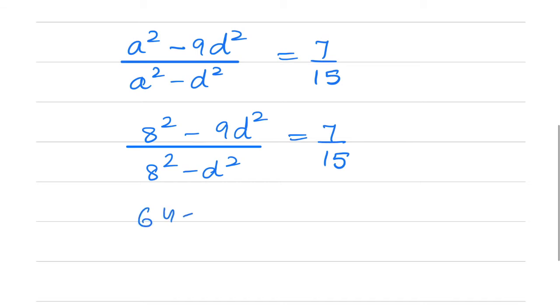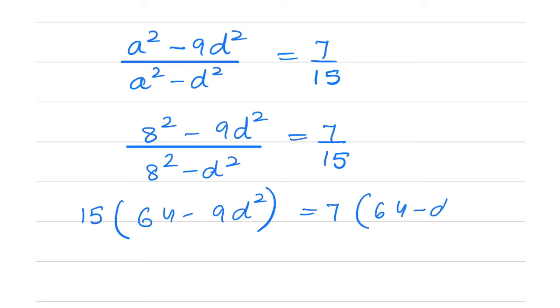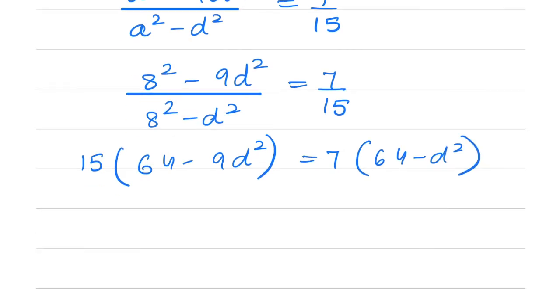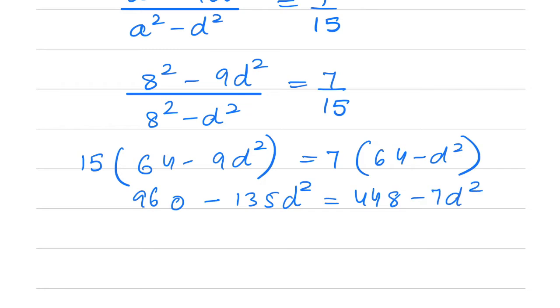Then 64 minus 9d square multiplied by 15, we are cross multiplying, is 7 multiplied by 64 minus d square. We have 960 minus 135d square is equal to 448 minus 7d square.